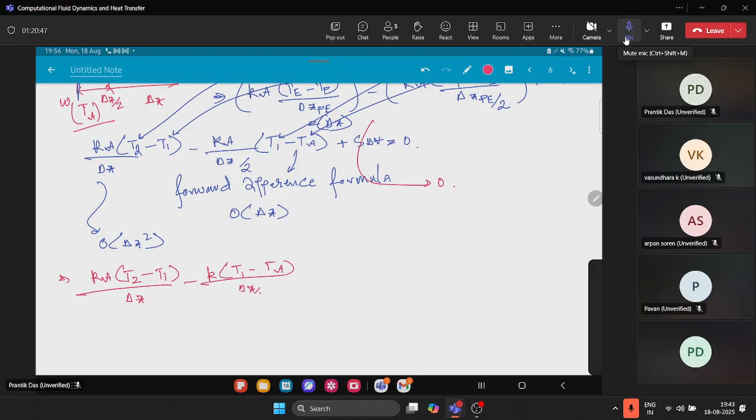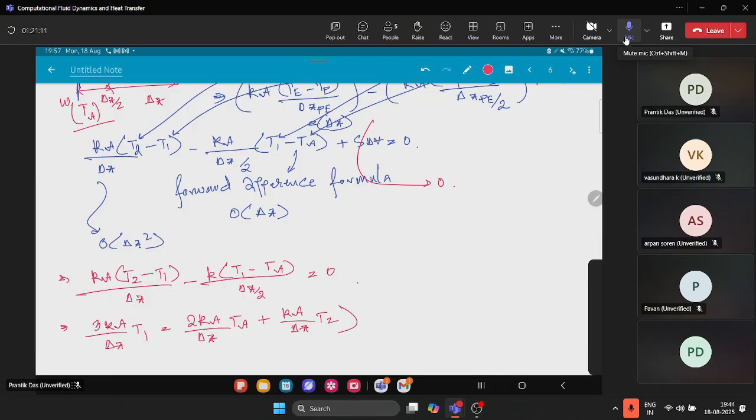The third term I am not considering, since there is no source inside our control volume. If I simplify, this becomes 3k by delta x T1 equal to 2k by delta x Ta plus k by delta x T2.